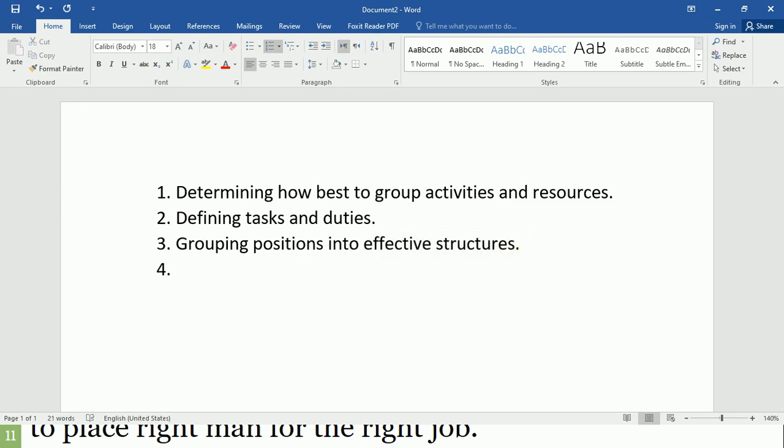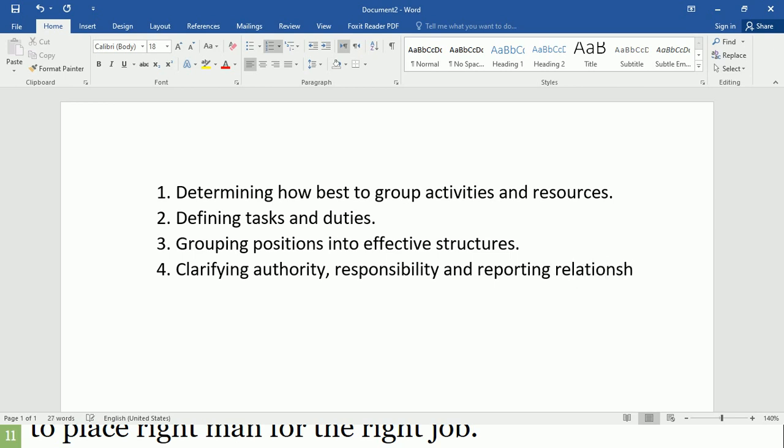We also clarify authority, responsibility and reporting relationships.